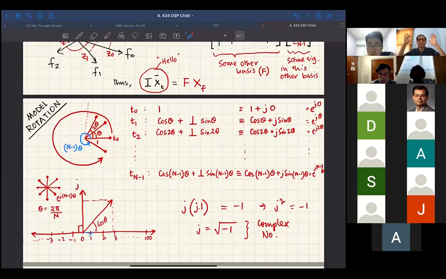Imagine old humans were trying to model rotation, and the stick is spinning, and the human records the position of the stick at this location, then at this location, then at this location, and so on. It's like the human is recording the stick's location.